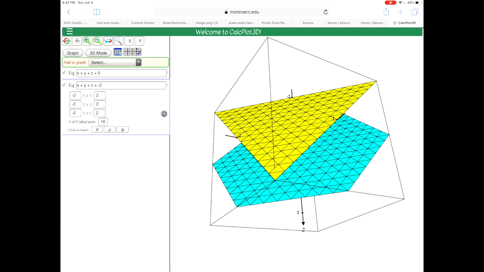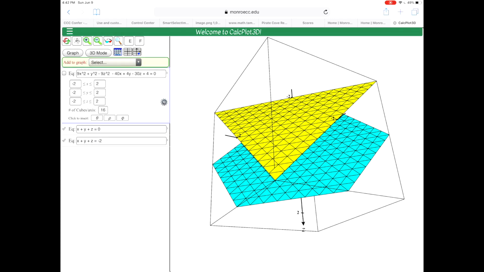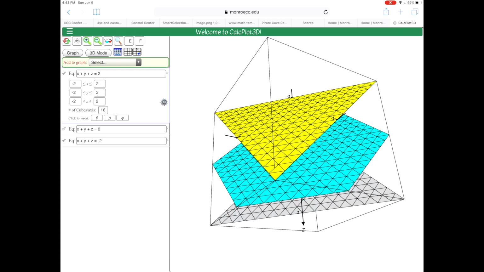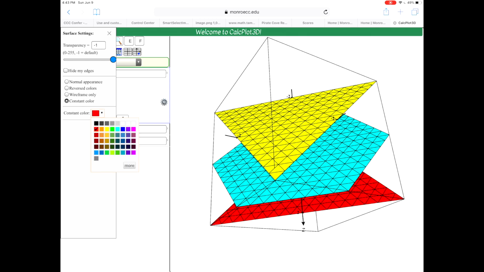And then let's add another implicit surface. And when we do this one again, I want to take all that out. Paste, and then on this one I'm going to say it's equal to 2. We want to have a constant color other than gray. I don't know why that's the default. It's so ugly.